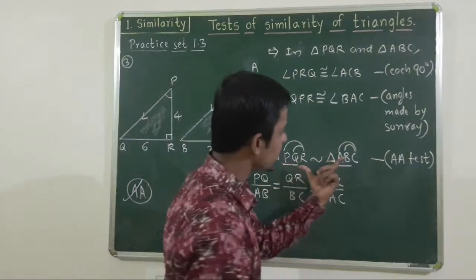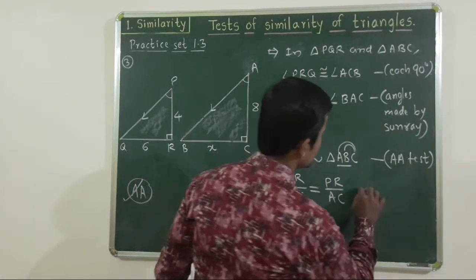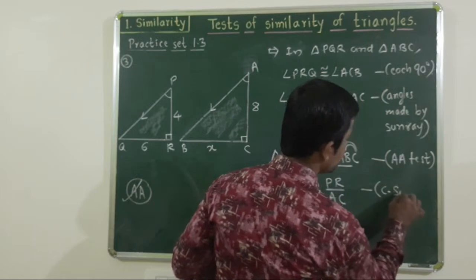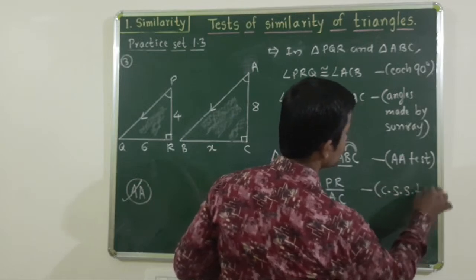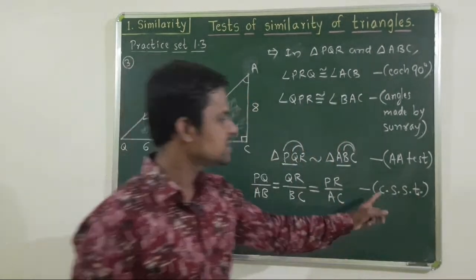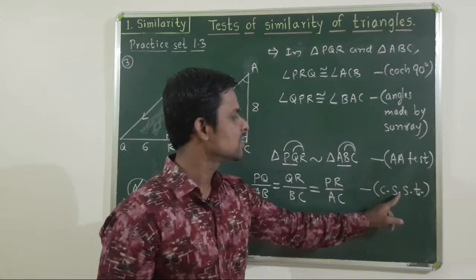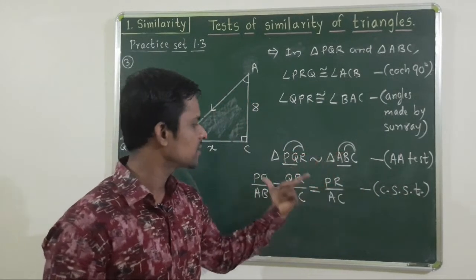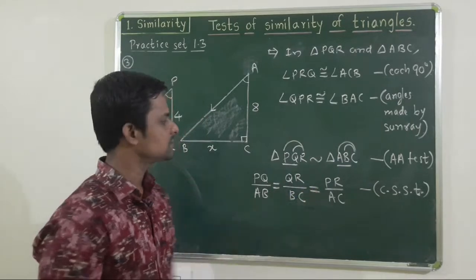Since these two triangles are similar, these sides are in proportion. The reason is corresponding sides of similar triangles, that is CSST. Since these two triangles are similar, their corresponding sides are in proportion.